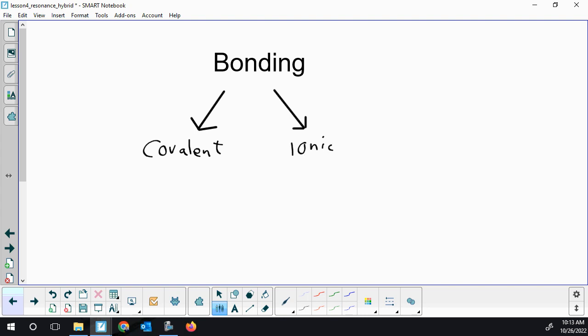And with ionic, you're largely just needing to be able to draw Lewis dot diagrams for those ions, the square brackets. How would you tell which way? If you're asked to tell, you would look at change in electronegativity. Greater than 1.7, ionic. Less than 1.7 would predict covalent. Okay.